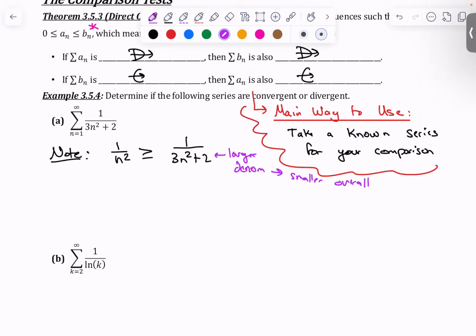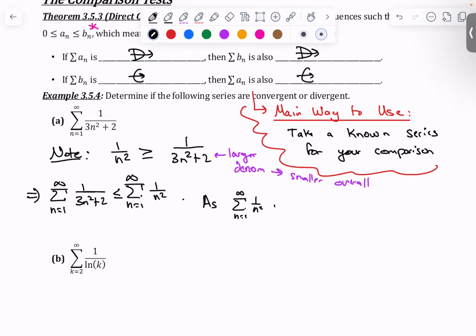The thing I'm writing in purple is something that you don't have to write down on an exam. You can just claim it because that is apparent enough, now that we've been doing it enough. This means that the sum from n equals 1 to infinity of 1 over 3n squared plus 2 is less than or equal to the series from n equals 1 to infinity of 1 over n squared, as the series from n equals 1 to infinity of 1 over n squared is convergent by p-test.